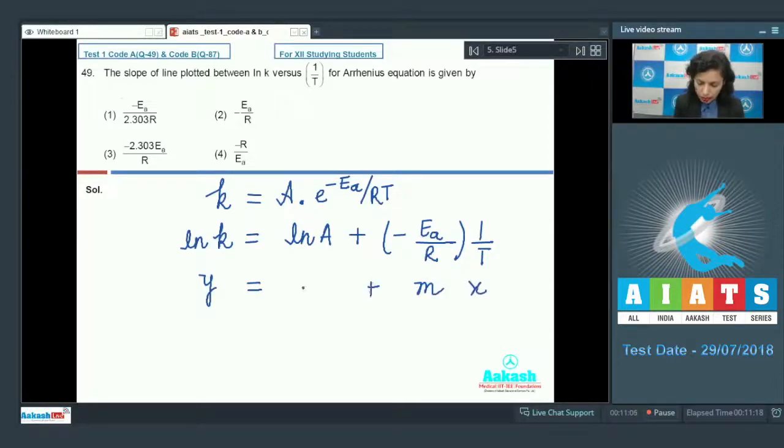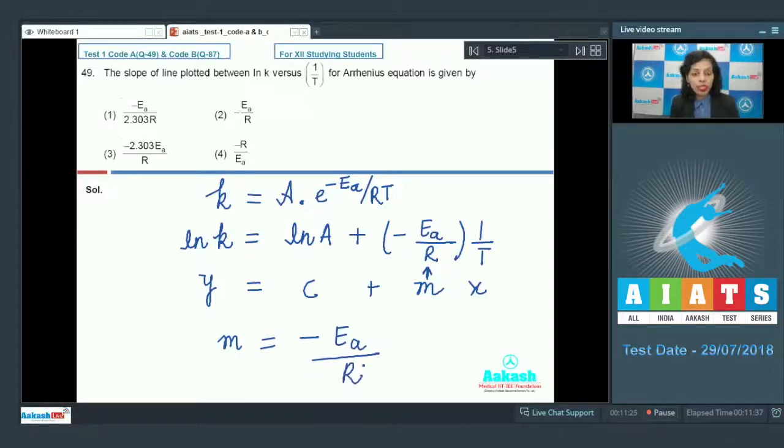Then you can easily identify that you are plotting 1 by T on the x-axis and ln K on the y-axis, then the slope is minus EA by R.